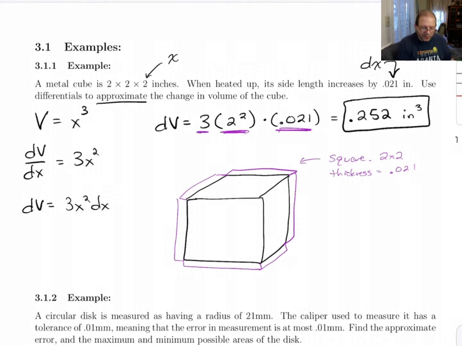Now this is an approximation because the way I've got this drawn, it's not really how the thing expanded. It really would have expanded into a bigger cube. So it would really look like this, where the bigger cube has this for its outside.